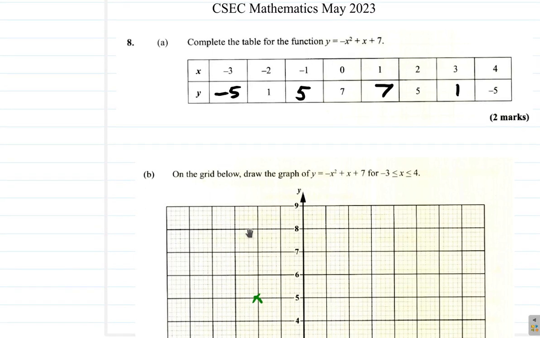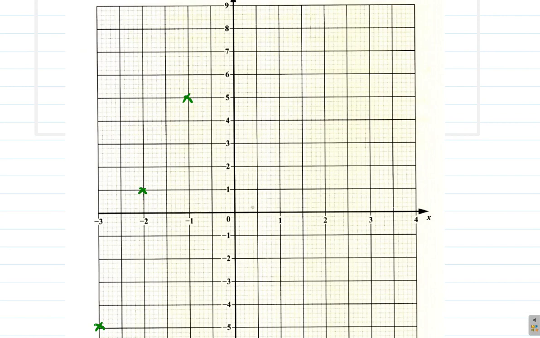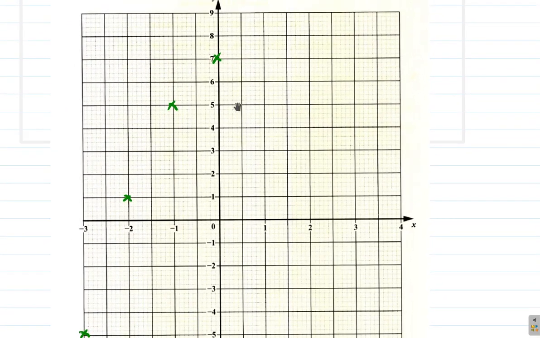Then 0, 7. At 0, 7. So let's look at the next point. 2, 5. When x is 2, y is 5.